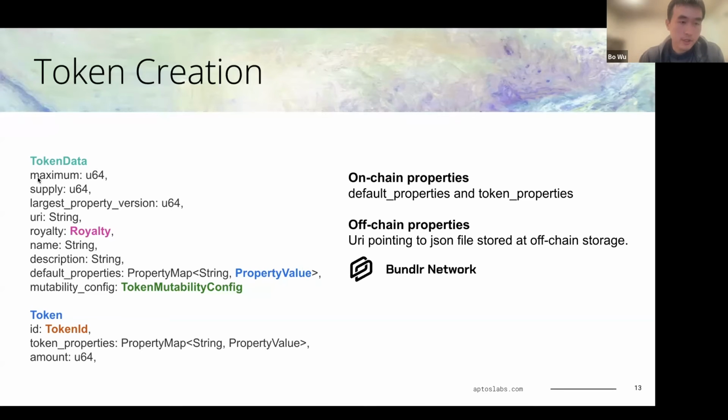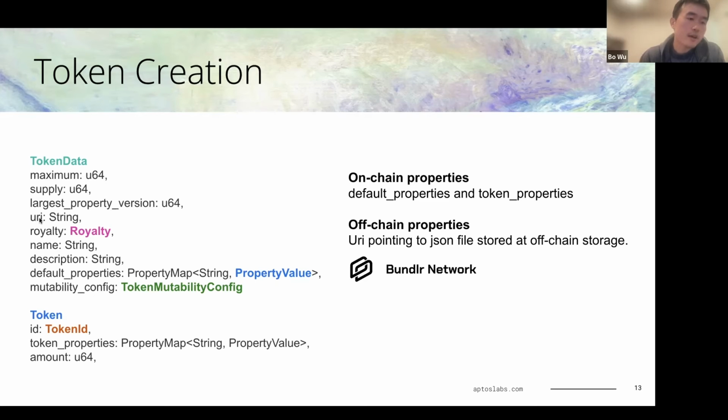For example, the maximal, which is the maximum number of tokens that can be minted with this token data type, the current supply of this token, and the largest property version, which indicates the different versions of properties for this token type.